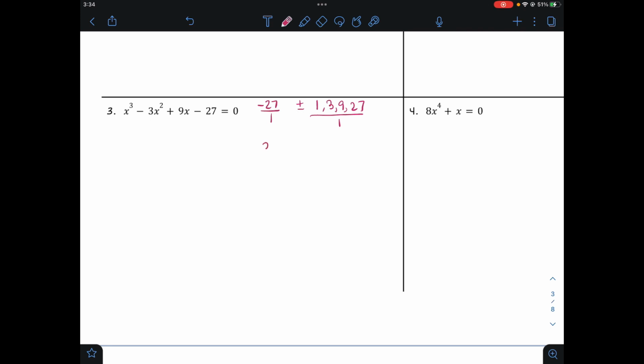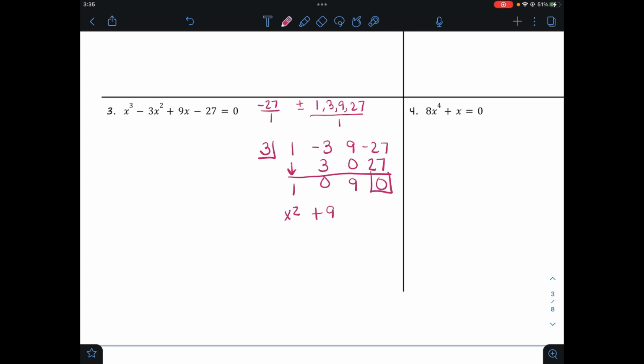So if we know that it is a root, we can then use synthetic division. We have 1, negative 3, 9, and negative 27. We bring down that first term, and we do our multiplying. Now, when we have this completely done, we should have a remainder of 0 because we know that this truly is a root. So when we rewrite this, this will be x squared, we don't need to write the 0x, so plus 9.